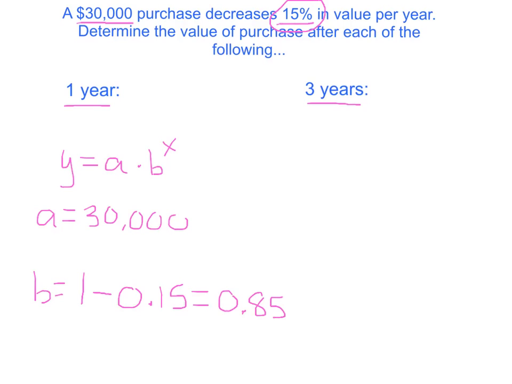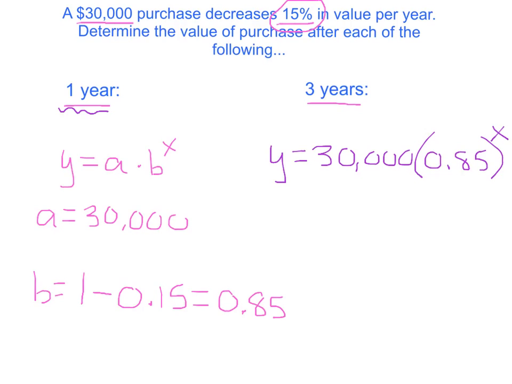So my equation is y equals 30,000 times 0.85 to the power of x. And now, to solve these, we just have to plug in 1 for x and then plug in 3 for x.